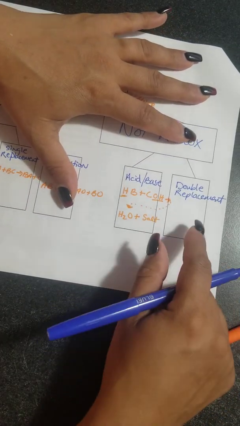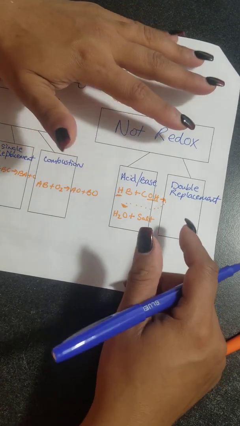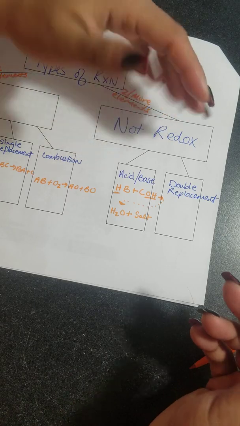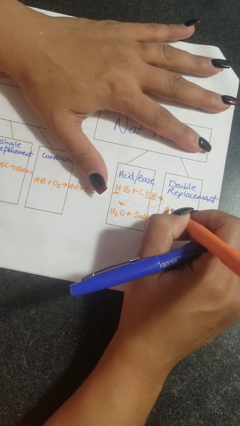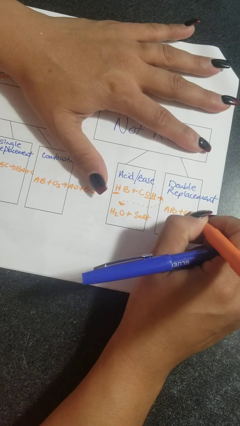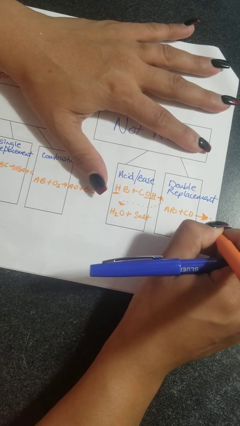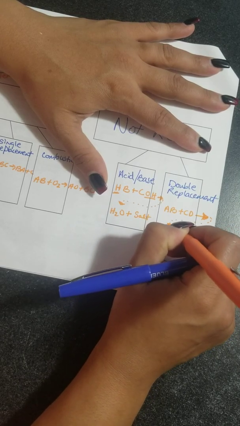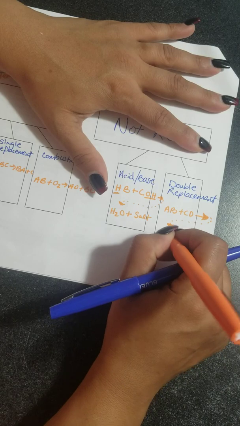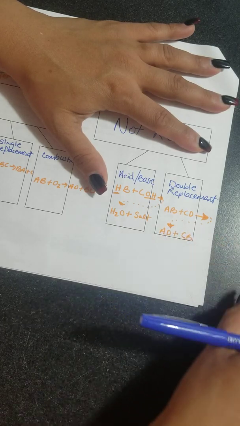Okay, now the double replacement over here, which is a precipitate, is going to be AB plus CD yields AD plus CB.